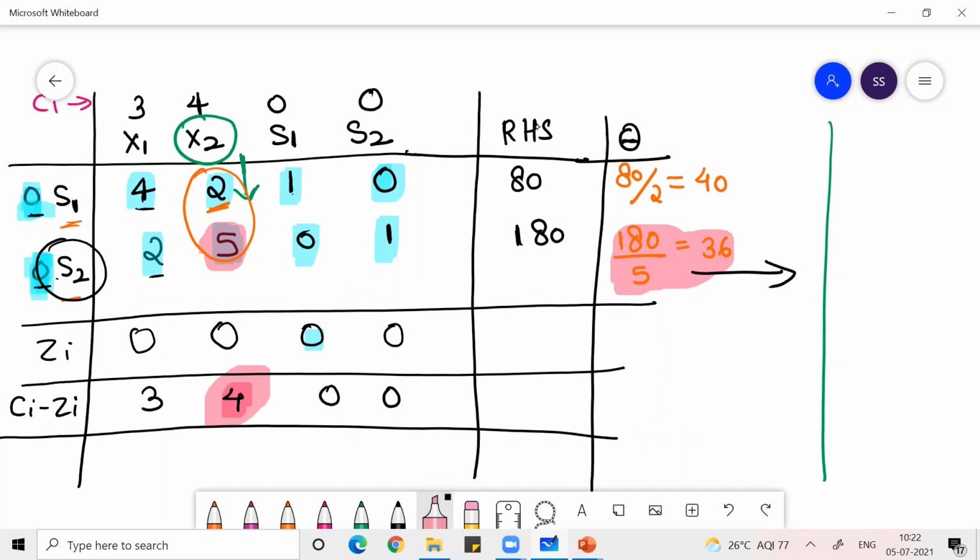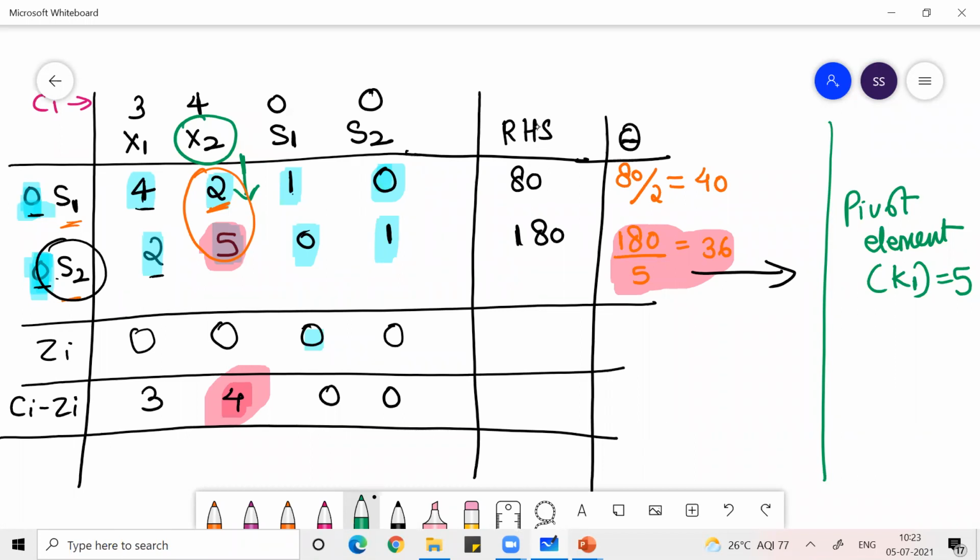Now the corresponding element, which is the point of intersection between x2 and s2, is called the pivot element. I'll represent it with the symbol k1, which is equal to 5. You remember this, okay? Clear, everyone?